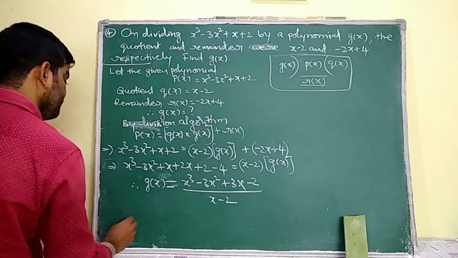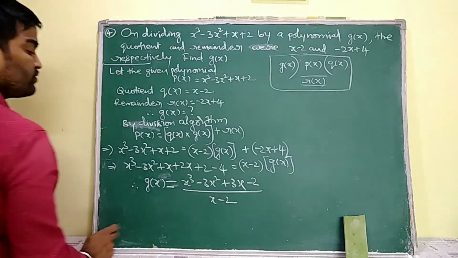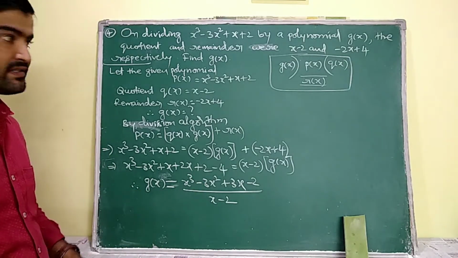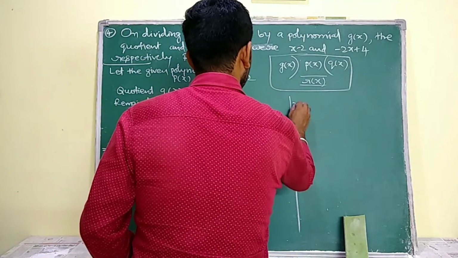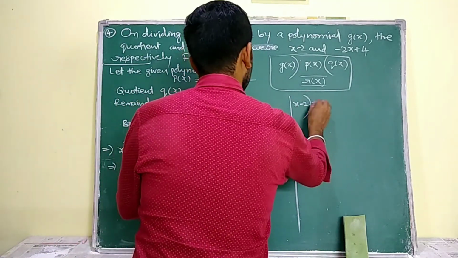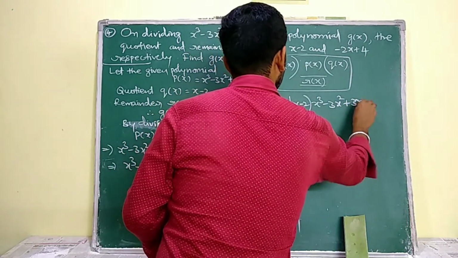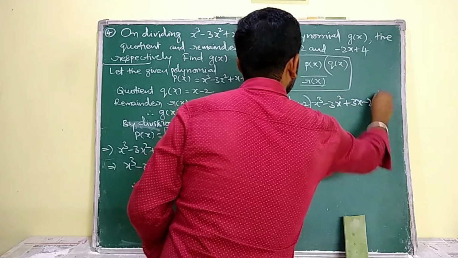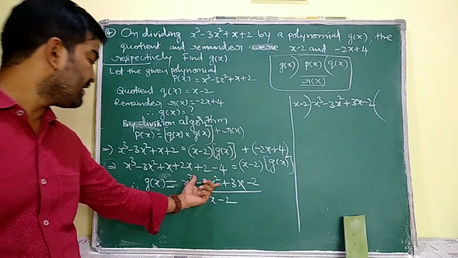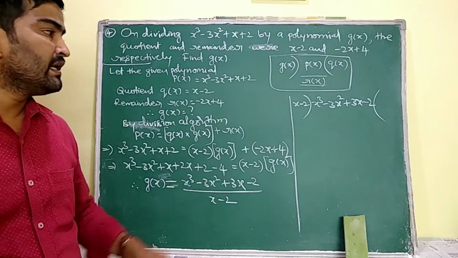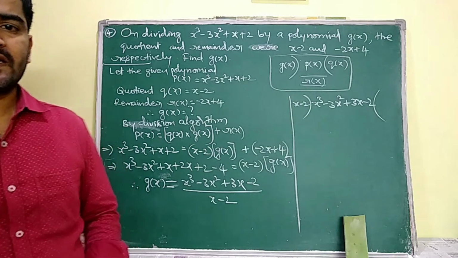Okay, now by dividing the polynomial with this x minus 2, I am going to obtain this g of x ma. For that I have to do the division here. Okay, see, I am going to divide x cube minus 3x square plus 3x minus 2 by x minus 2. See ma, I am going to divide this polynomial with x minus 2. Then the value I am going to obtain in the quotient is our g of x.